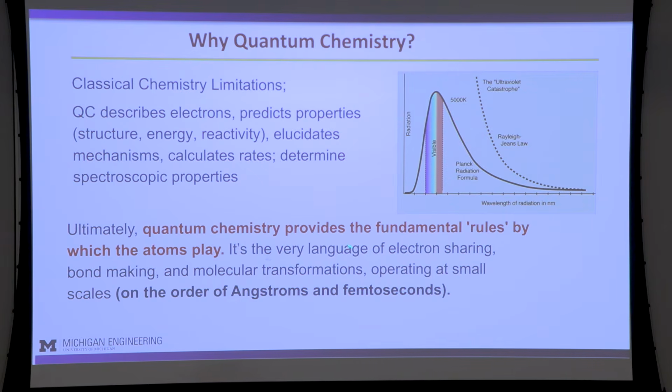So it's basically the language of the electrons, and we are going to look at bond making and molecular transformations. I have here, I think it's in the notes, the ultraviolet catastrophe that happens when you look at black body radiation and move down to small wavelengths. Classical physics predicts that the energy goes up, but in reality, what you see is that it goes down in this region.